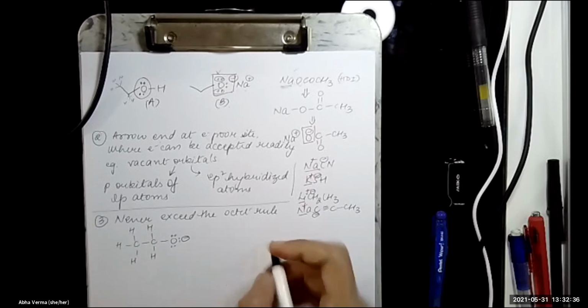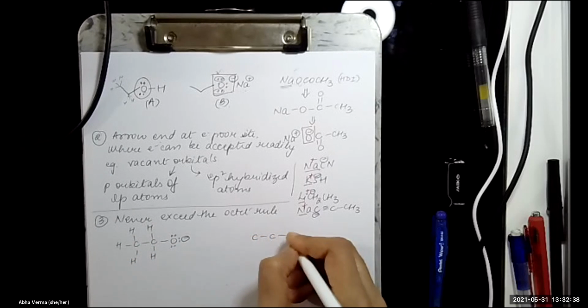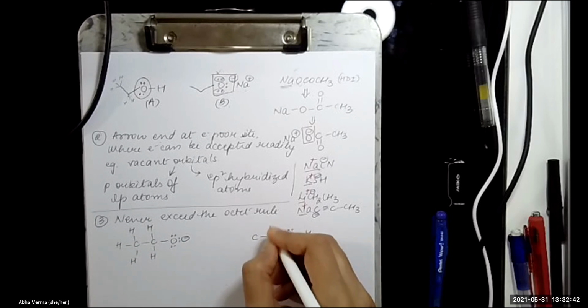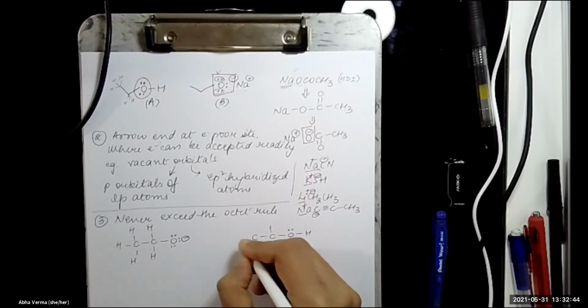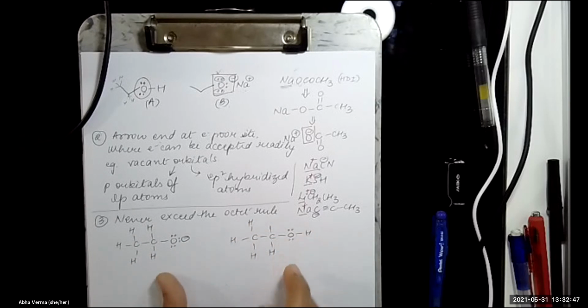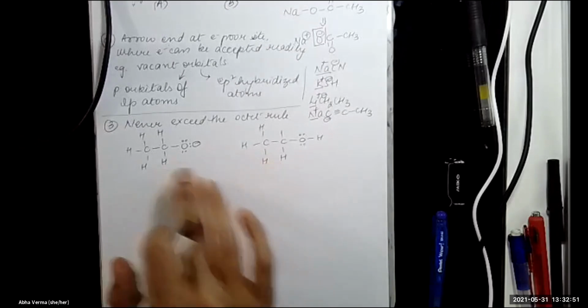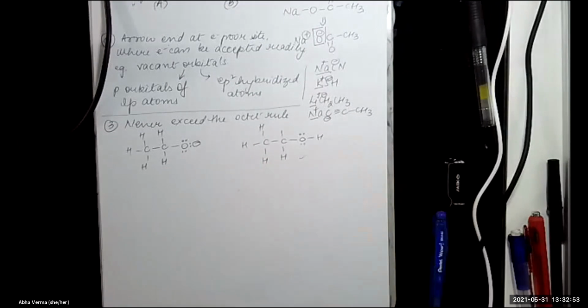Now, if there was a structure like this, and if there was a structure like this, first, you should be able to identify among these two structures if this is going to do any resonance or if this is going to do any resonance.